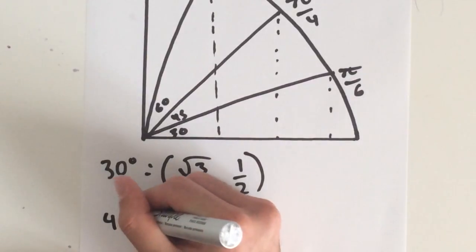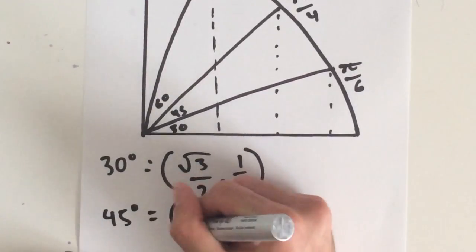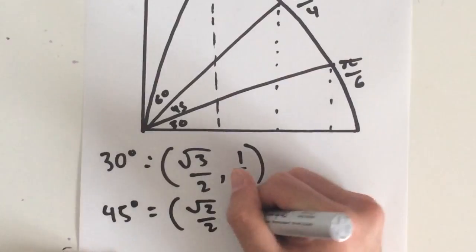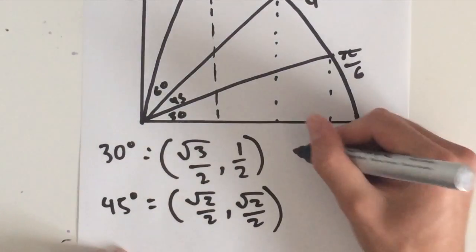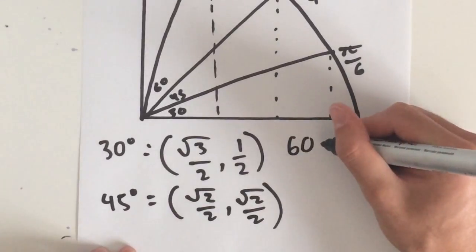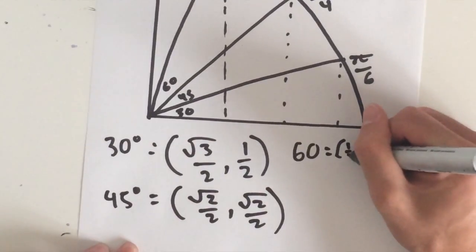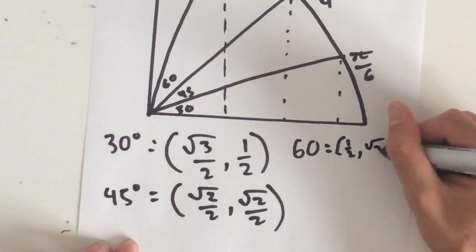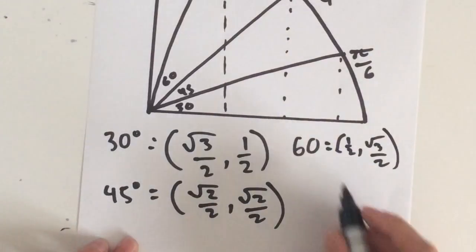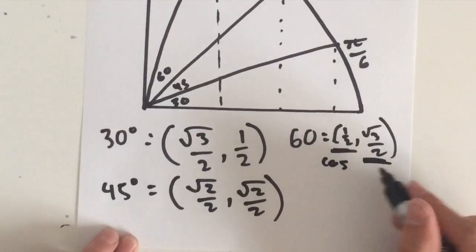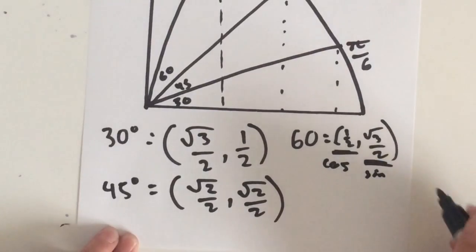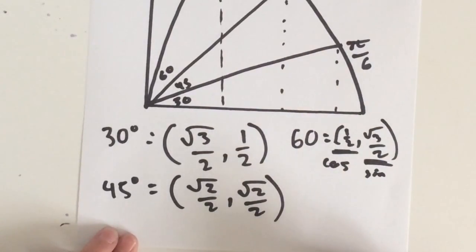At 45, they would be root 2 over 2, comma, root 2 over 2. And at 60, they would be 1/2, comma, root 3 over 2. The first value, the x value, is the cosine, and the second value, the y value, is the sine. Through this, you can also find the tangent.